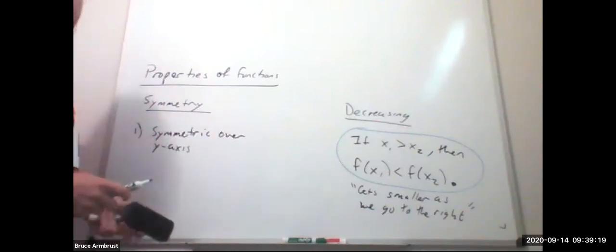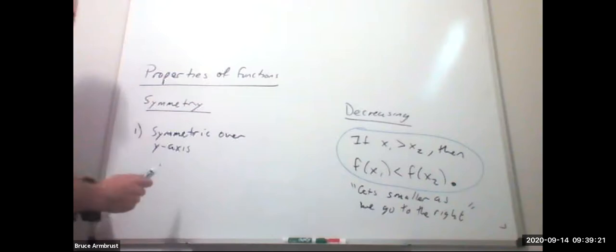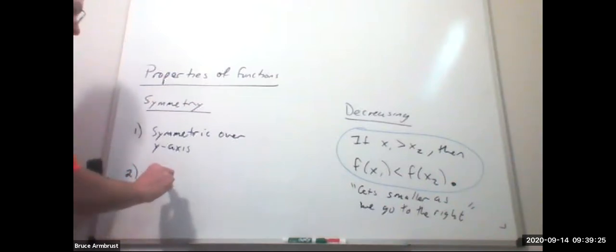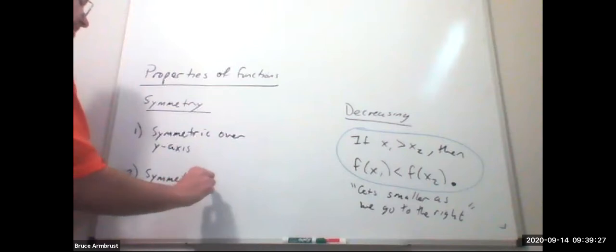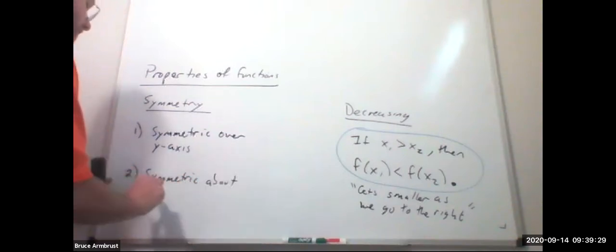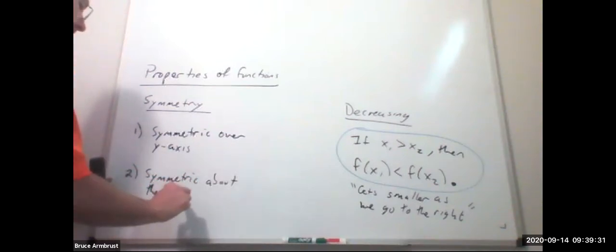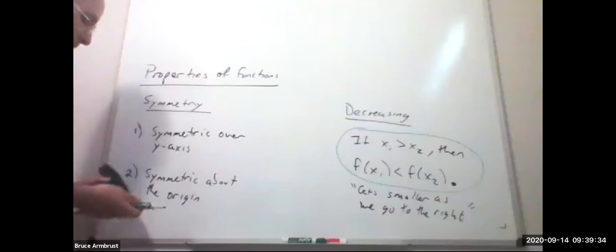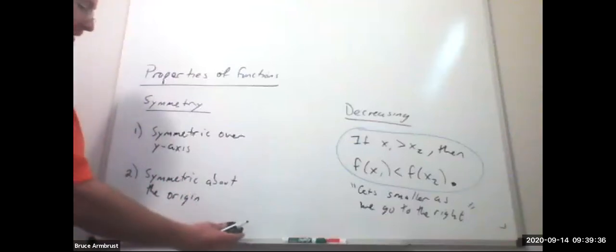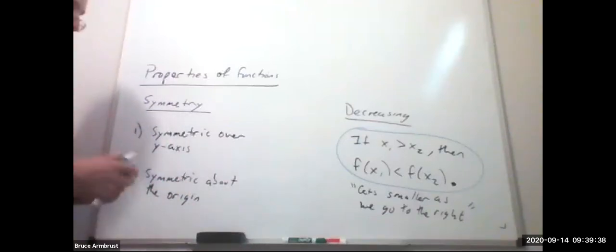So we treat the y-axis like a mirror. And the other one is symmetric about the origin. So these are the two kinds of symmetry that we're going to be looking at when we talk about functions.